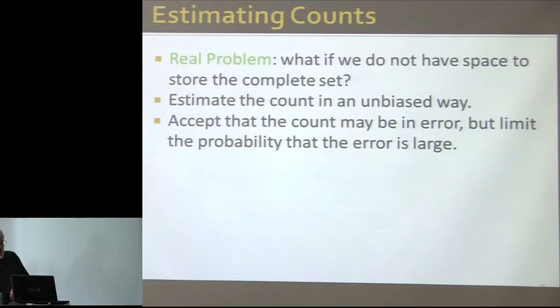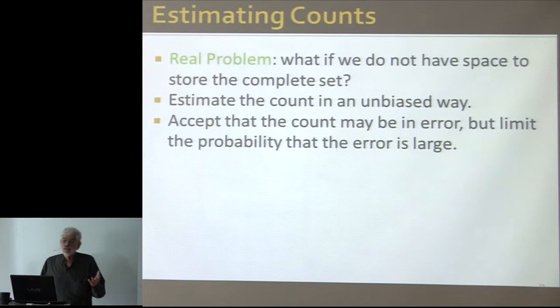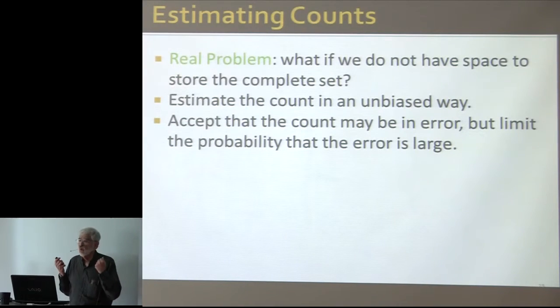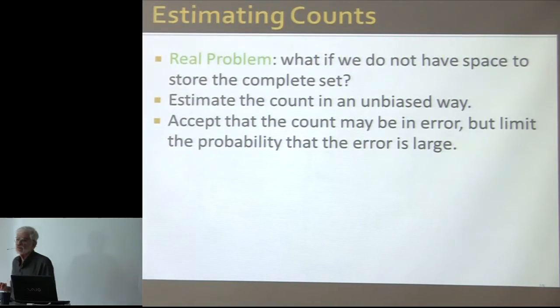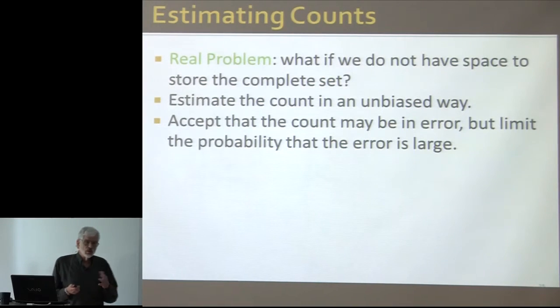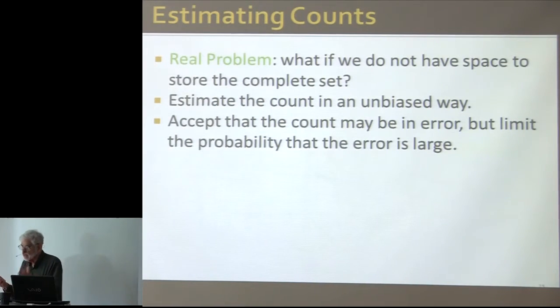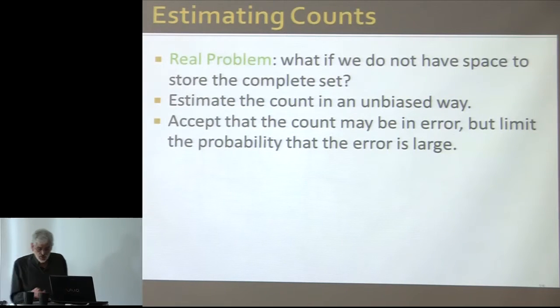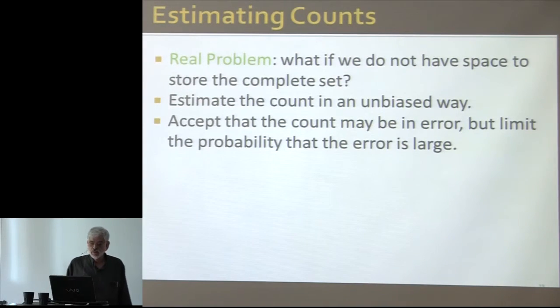The next best thing is to estimate the count, and we want to do it in an unbiased way. So we'll say, okay, there could be an error up or down, but we'd like to know at least that the more effort we apply to estimating this count, the closer to correct we will probably come.